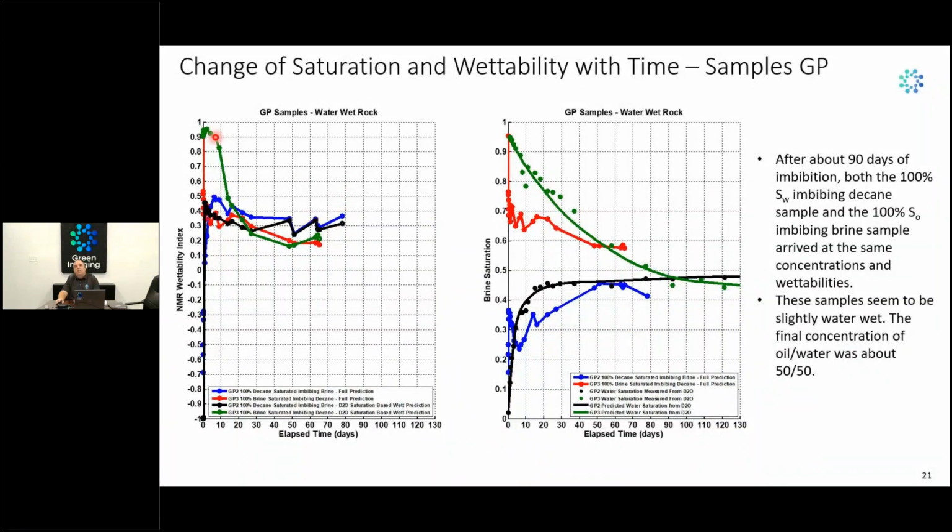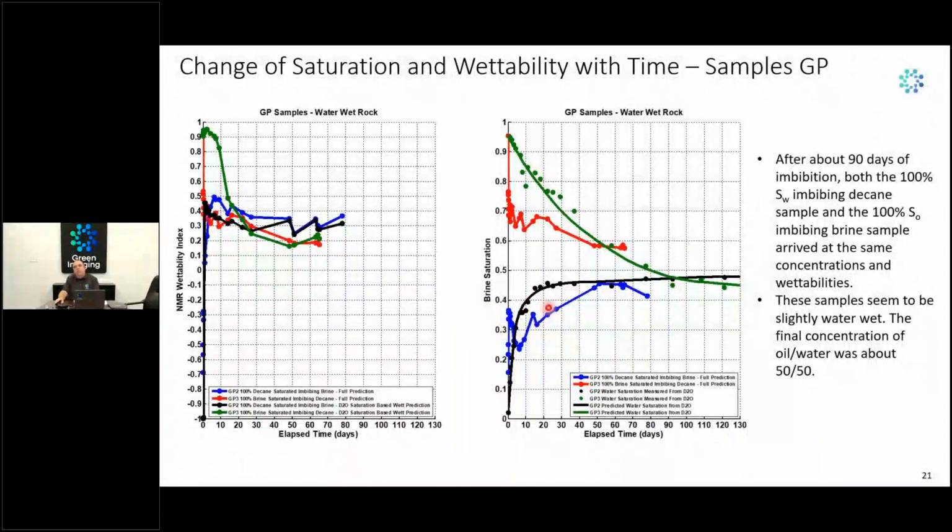And whereas there is some discrepancy at early times, the wettability, whether it's predicted solely from the NMR data or partially predicted from the D2O saturation, always arrives at, for this particular rock, a wettability of around 0.2, 0.3. And keep these oscillations in mind.